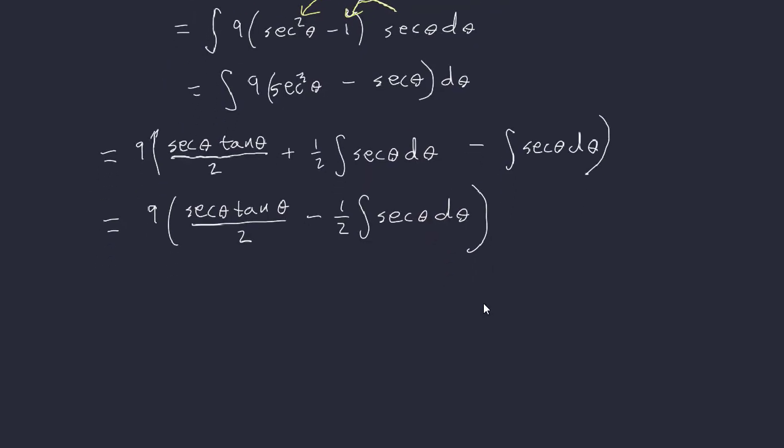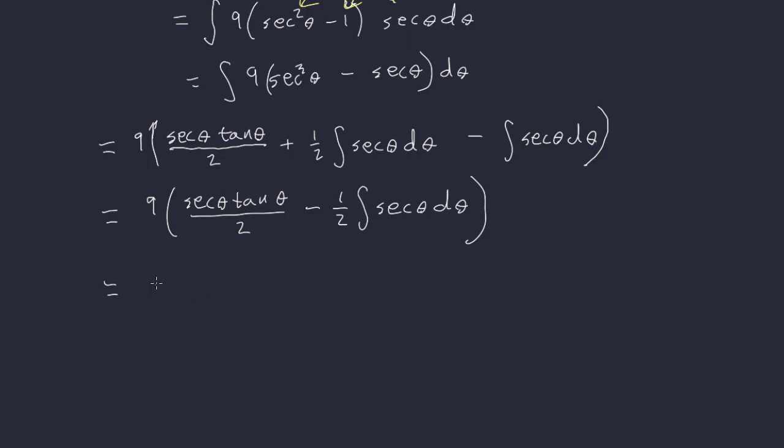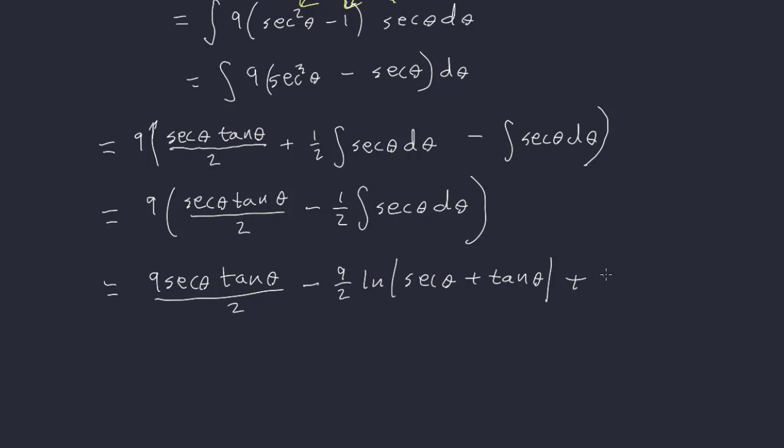So maybe some people do have that reduction formula memorized. So this would be 9 secant theta tangent theta over 2 minus 9 halves natural log secant theta plus tangent theta plus c.